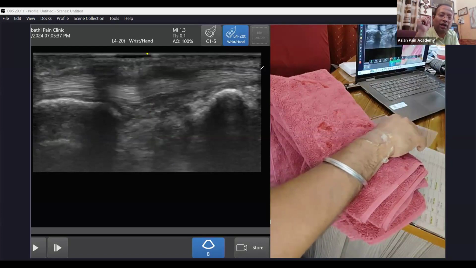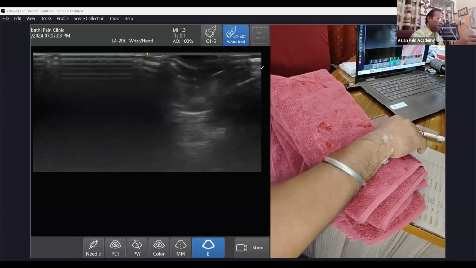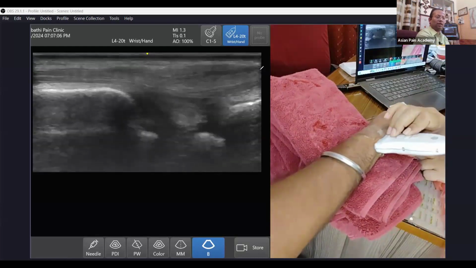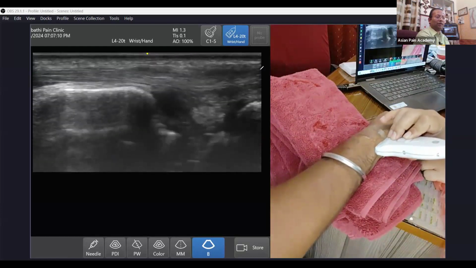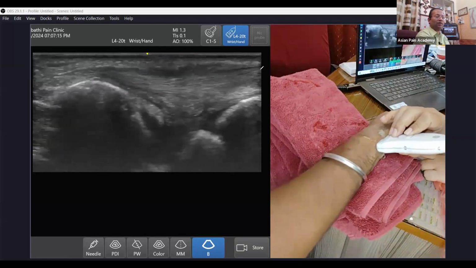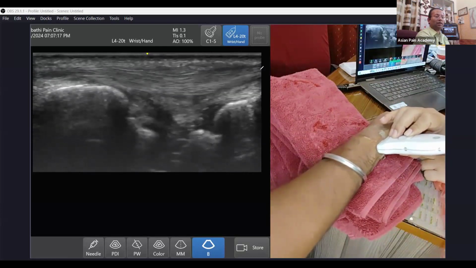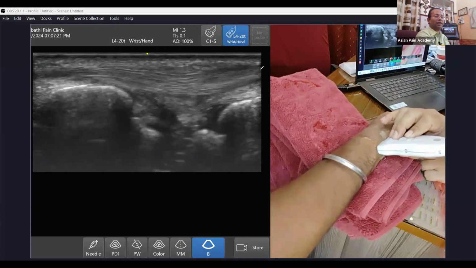For ultrasound, we can say only normal or abnormal in this part. MRI is the gold standard for this, and we cannot see the whole part with ultrasound. So for seeing the TFCC, the main thing is to see the extensor carpi ulnaris in a long axis, and you can see the whole triangular fibrocartilage. This white colored, hyperechoic cartilage is the triangular fibrocartilage.